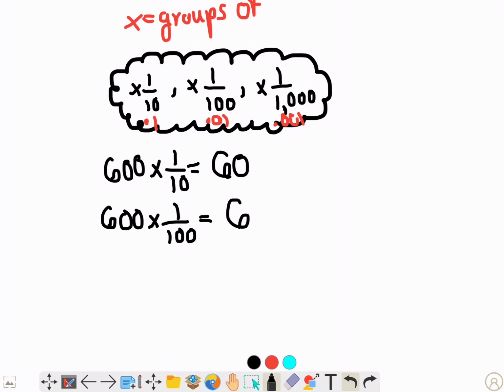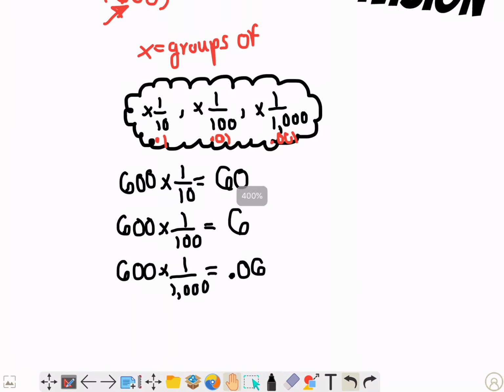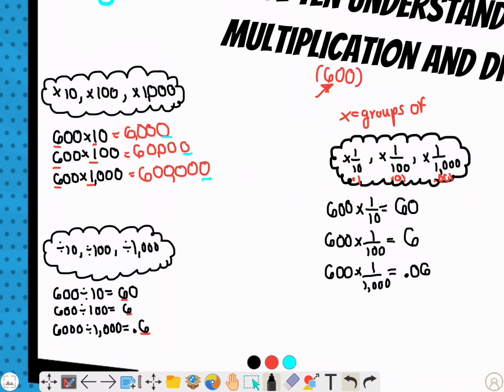But if I have 600 groups of 1/1,000th, which is like 10 times smaller than a penny, that means I have 0.06. So notice that each time for this one, you're adding zeros. This one you're kind of taking away, and this one you're kind of taking away.